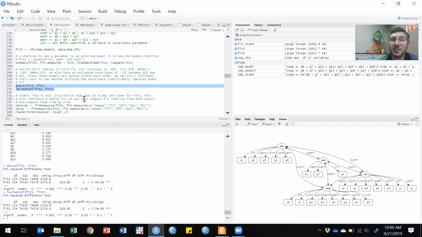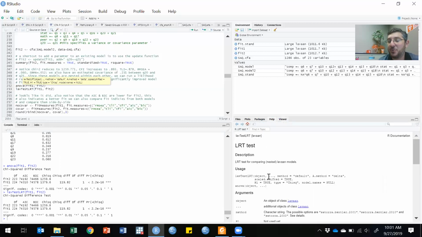Whichever one you want to use, you can look up the help function, you can see it pulled up in the viewer here. Notice this one has different options you can choose that the ANOVA function doesn't. But generally, we get a chi-square difference test.